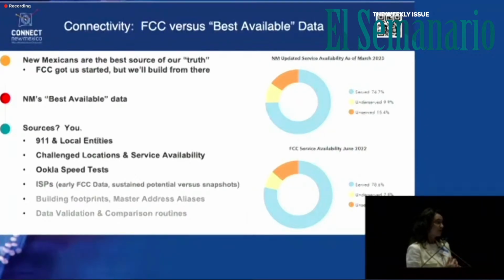So the sources for those data, right? When we did our challenges, we used 911 data. We had local entities submitting us information, addressing offices, San Juan County, Catron County, Bernalillo County, lots of counties looking through their address records, permitting data and whatnot to make the data better. So we challenge locations, and those challenges are also part of this best available data.